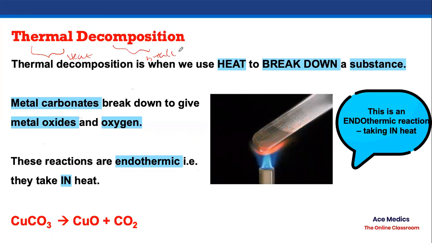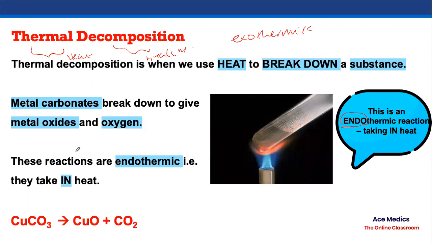So it is breaking down using heat. Whereas combustion was an exothermic reaction, because you're making bonds and releasing heat, now when breaking down something with heat, you're taking that heat in. Therefore, it is an endothermic reaction.